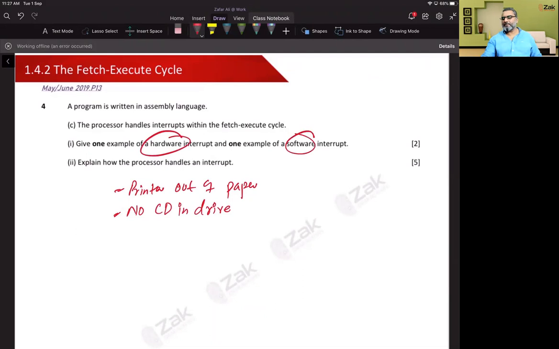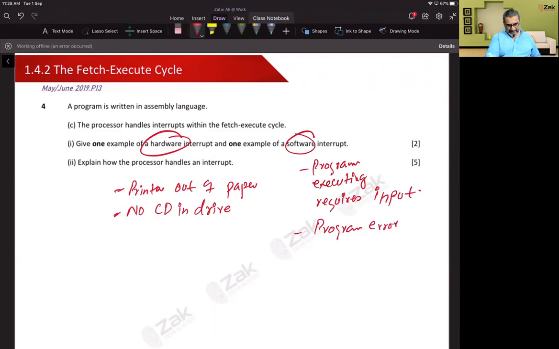And software interrupts are a running program that needs input, and second might be a program error like division by 0, etcetera.